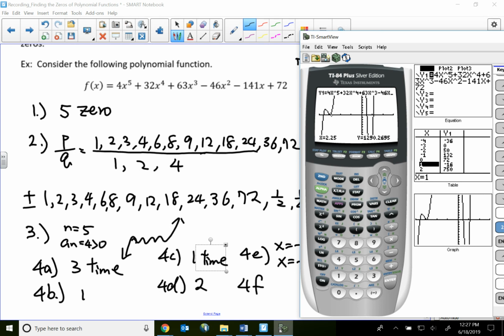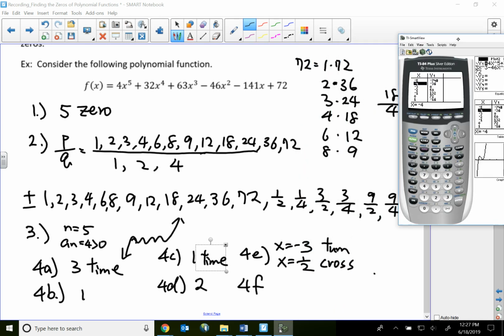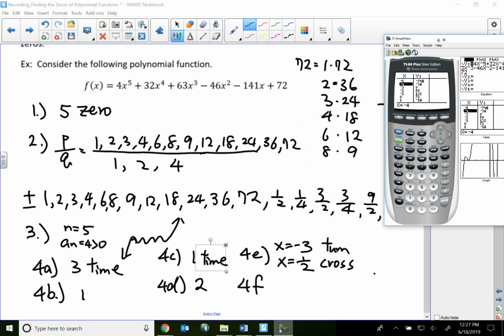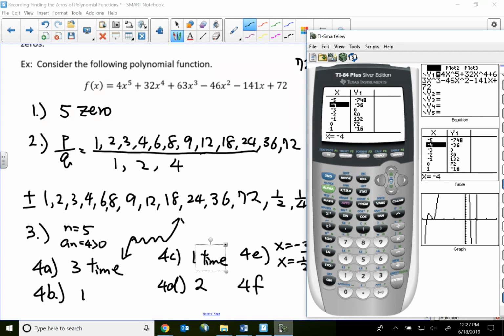Okay, if this is -3 where it turns, then the next one is -4. So look for anything between -3 and -4. There's a 0 in between. -3 and -4. -9/2? -9/2 is about -4 point something.